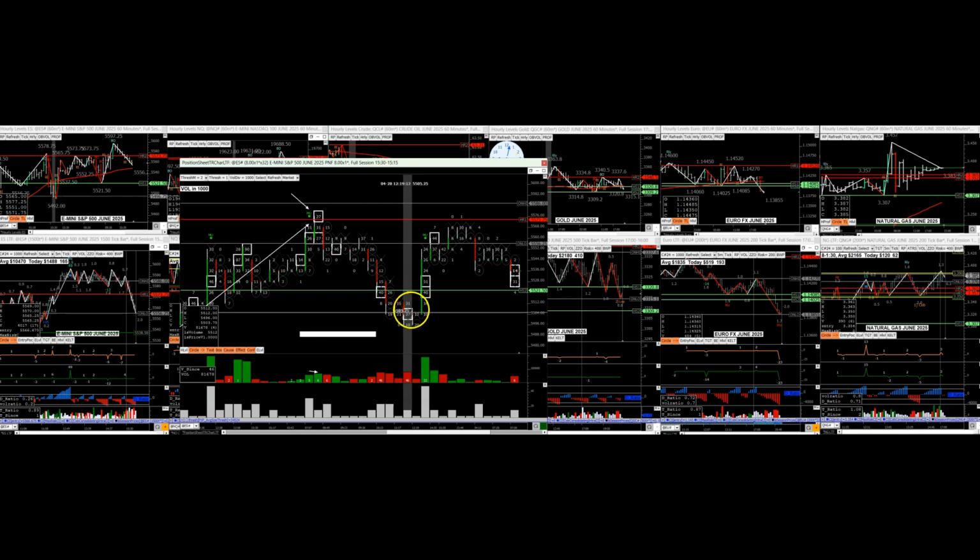We have a high volume print with only one box down, so it's little or no follow through, check. And we also have the other scenario where you have a lot of volume, but not a lot of movement, effort. So we have effort plus the high volume print. This is telling you demand is entering.